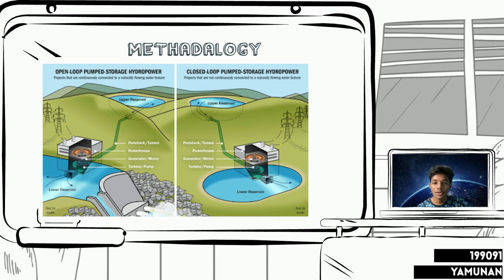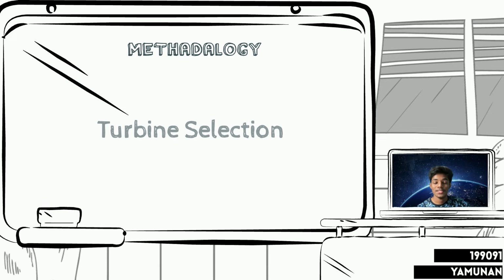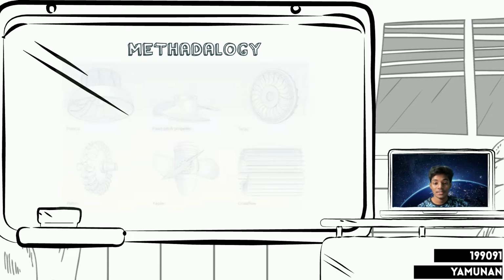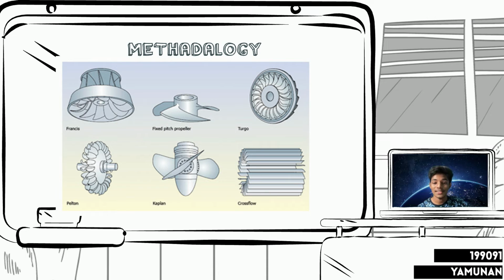Next, turbine selection is one of the most important criteria for our PSH. The one we chose is the Francis turbine. As you can see here, there are more types of turbines, but the ones we considered were these 6, and we decided to choose the Francis turbine because it suits our PSH the best.